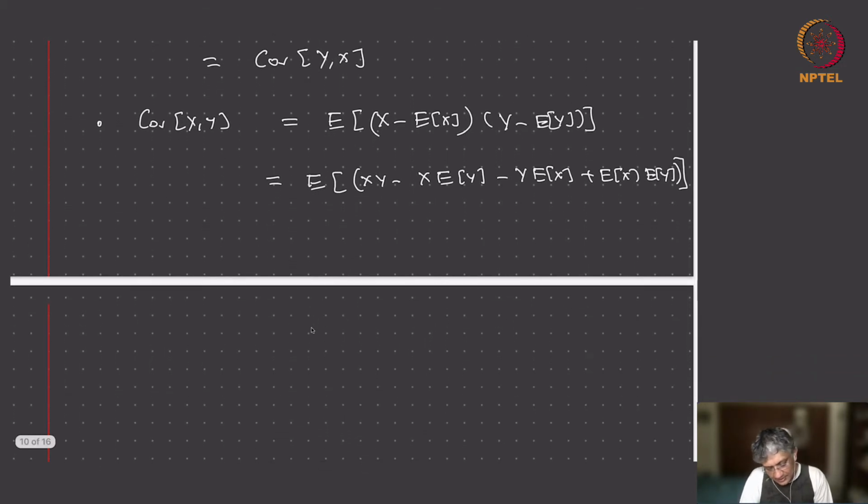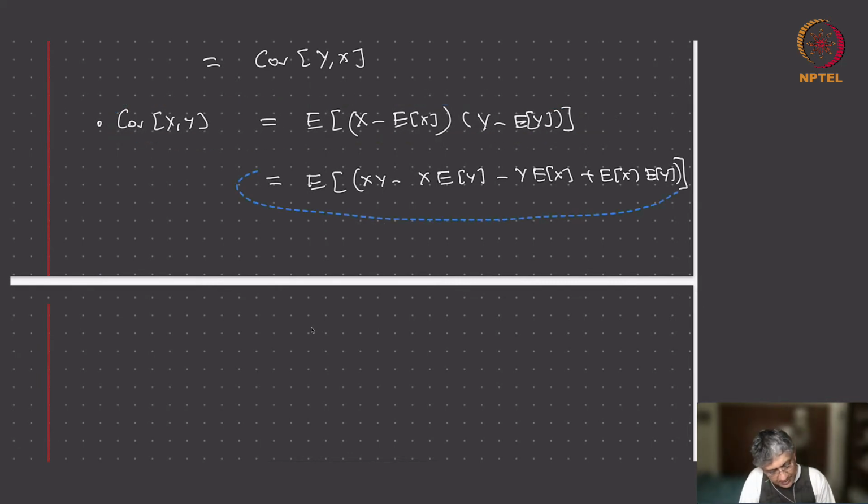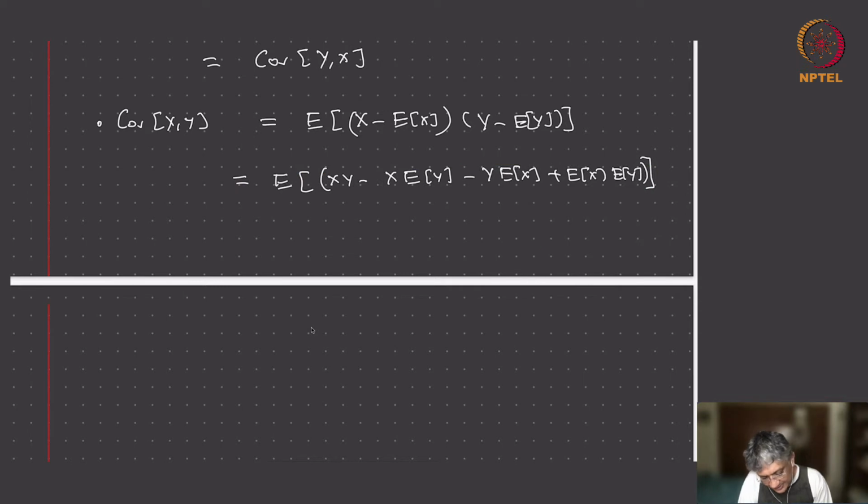Now, this whole thing, you do the algebra correctly, it's a simple exercise. It will reduce to, if you use linearity of expectation, what happens now, and these are constants, right? This is a constant, this is a constant, these are constants.